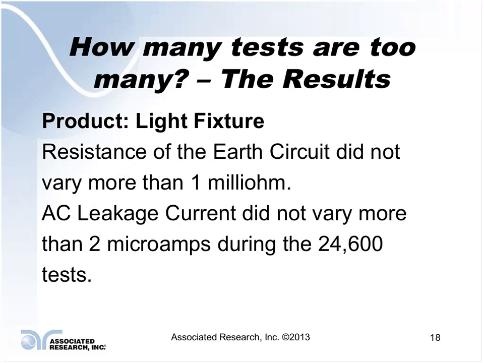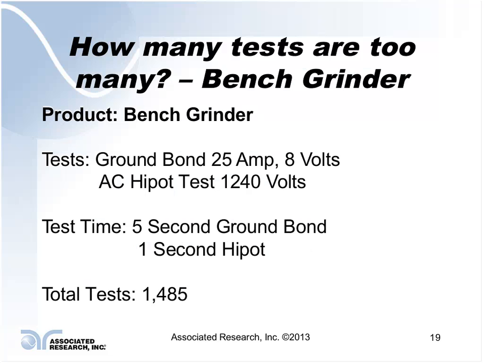Doing repeated testing, I think we kind of did an overkill on this from the standpoint of testing it that many times to try to prove our point. Is Hipot testing destructive or not? Here's some examples of what we did on the bench grinder. We did a 25 amp, again, ground bond test, where the ground bond test was a 5-second duration, and a Hipot test was done at 1240 volts for 1 second.